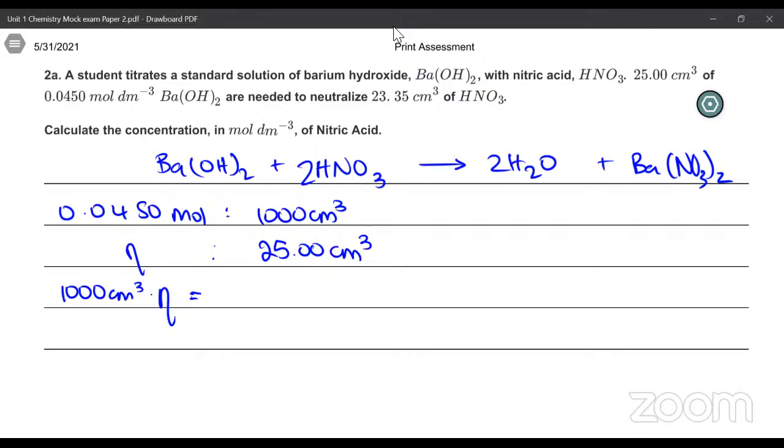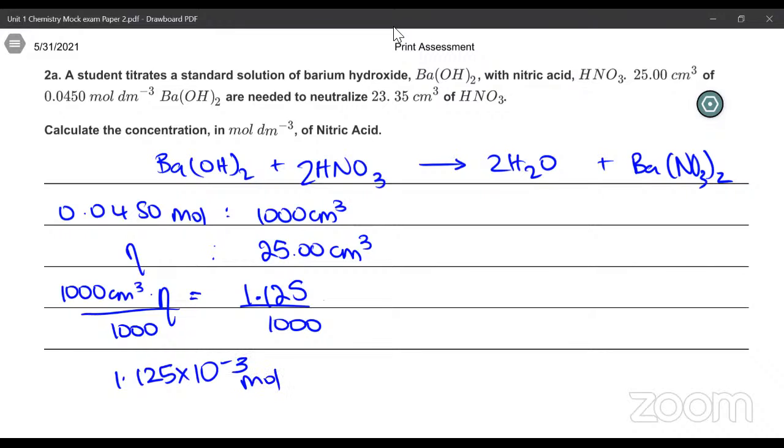I'll just put that into the calculator. 0.0450, and that's 1.125, right? So 1.125. Now divide by 1,000 on both sides, and I don't have to put this in the calculator. I could just write it in standard notation, 1.125 times 10 to the minus 3 moles of barium hydroxide.